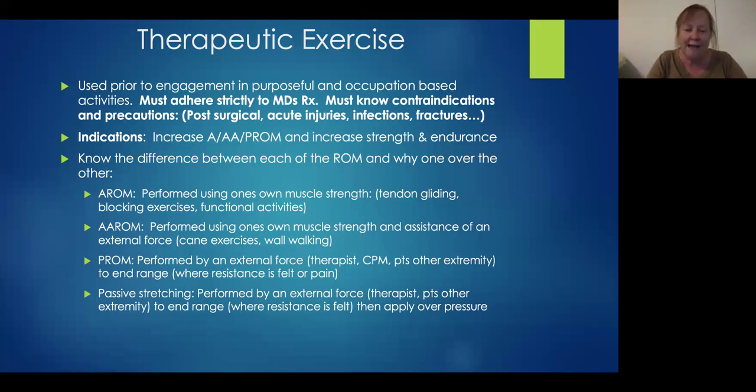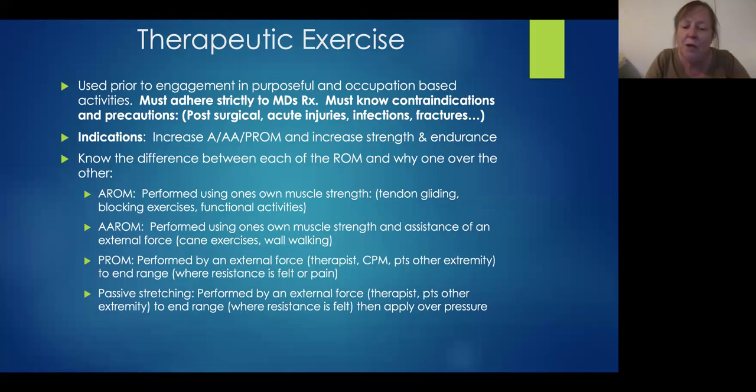Well, to increase active assist, passive range of motion, and to increase strength and endurance. That's why we do therapeutic exercises. So it's very biomechanical, okay, but never used in isolation. We would not just use a physical agent modality and therapeutic exercise without following it up with a purposeful activity or an occupation-based activity or both.